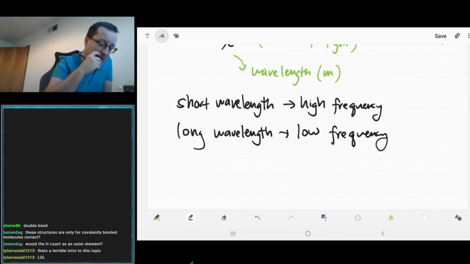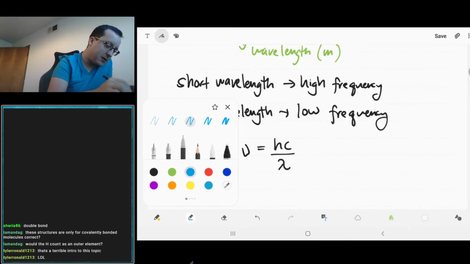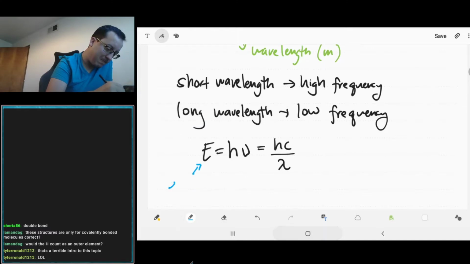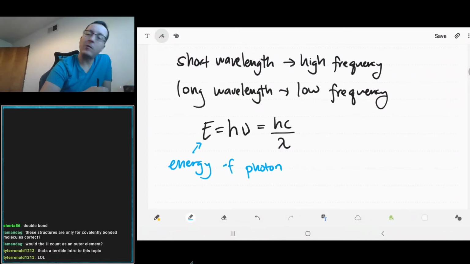All right, here's the other part. The energy of light, or what we call a photon, is going to be related to these two properties as well.